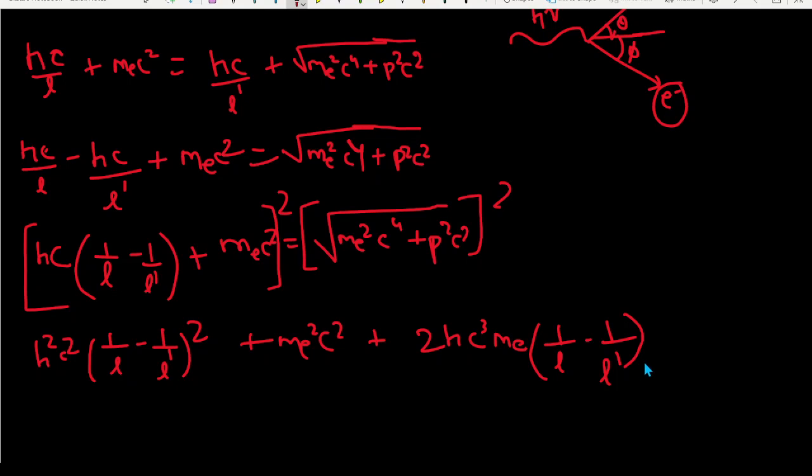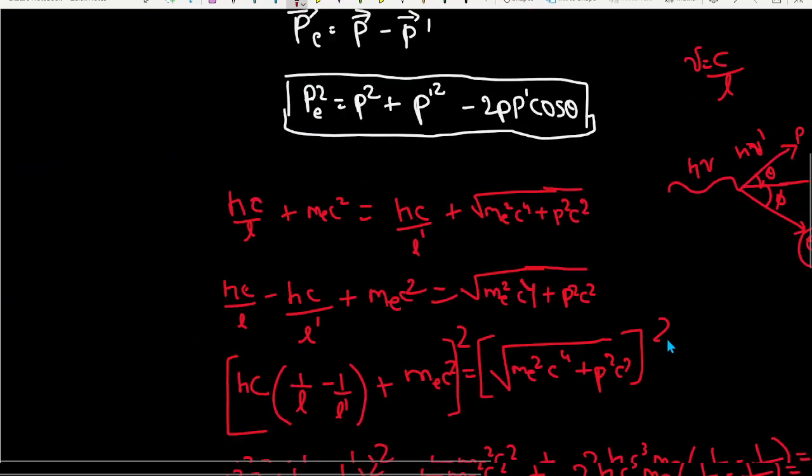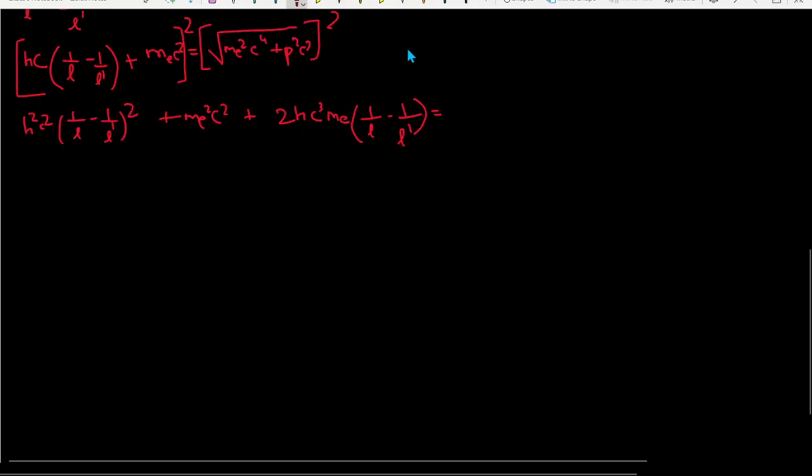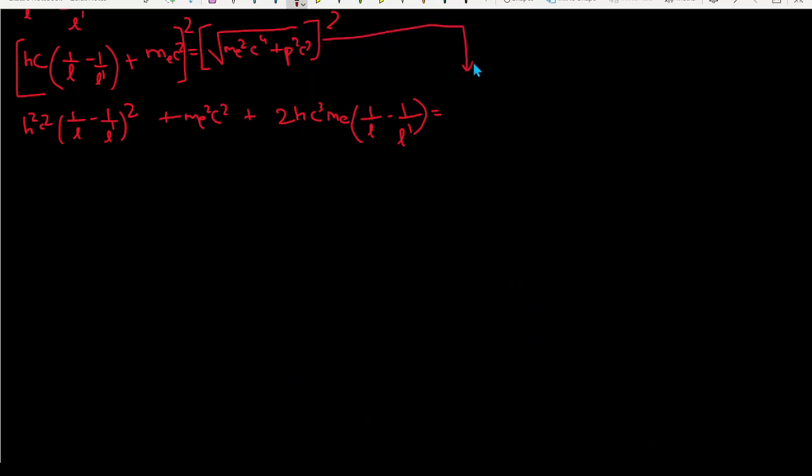Now what is the right hand side? It equals m_e square c^4 plus p square c square. Now we have to simplify this.